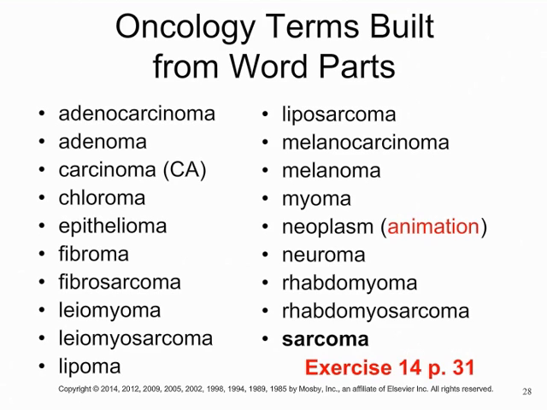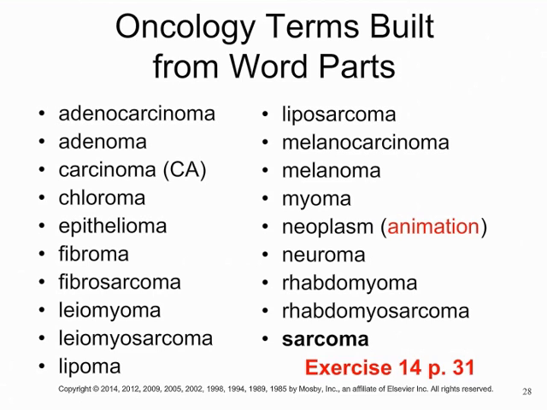This is the first of many lists that we're going to see. In this one we have oncology words built from word parts. So you'll notice all of these words are put together from the word roots, prefixes, or suffixes that you were introduced to in the beginning of the chapter. And the list looks long, but you'll notice that most of the suffixes are a few of one or two that we've seen.